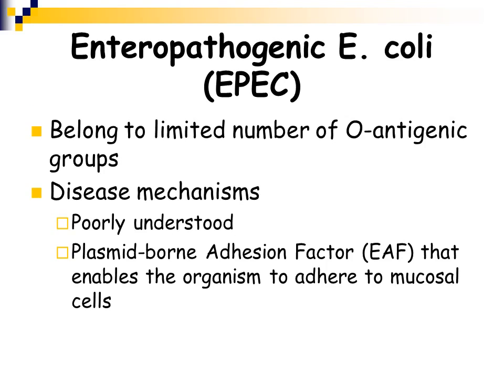We have another pathogenic E. coli. This is Enteropathogenic E. coli, or EPEC. This belongs to a limited number of O antigenic groups, and the mechanisms of how EPEC causes disease are not completely characterized. There is a plasmid-borne adhesion factor called EAF that enables the organism to adhere to the mucosal cells.